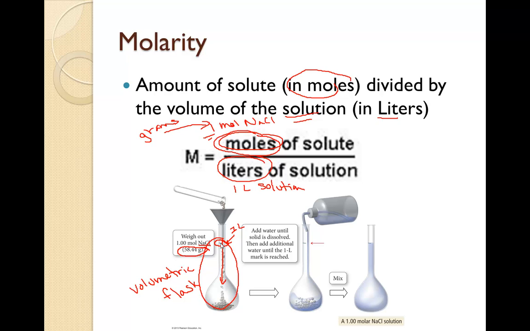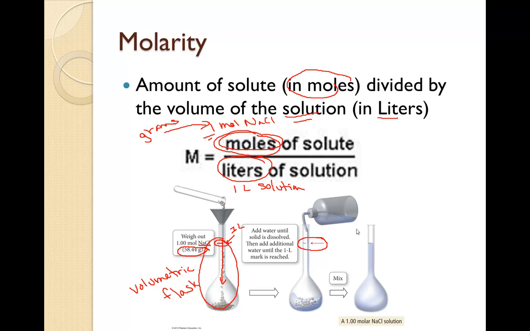This 1 liter mark is extremely specific. It's measured, depending on the company, up to about 0.0001 accuracy. That means that when you add the water and hit that line, you have an extremely accurate solution of molarity.